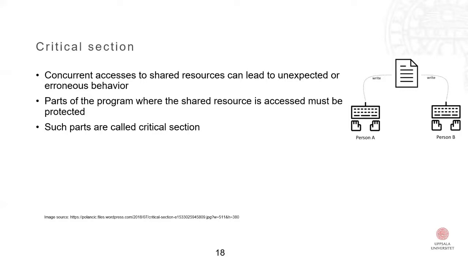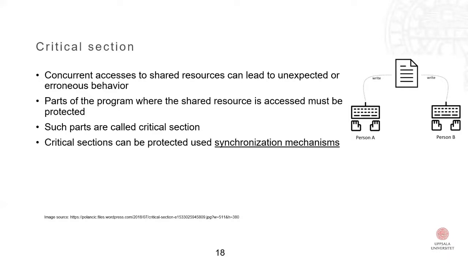Such parts of the program that are shared and have to be protected are called critical sections. And for protecting critical sections, operating systems use synchronization mechanisms. And we will see what the different synchronization mechanisms are.